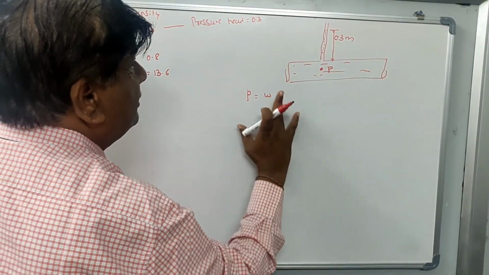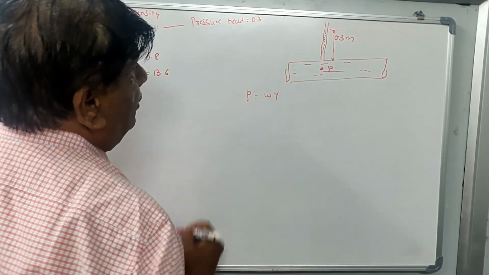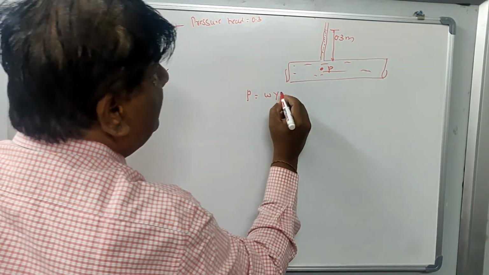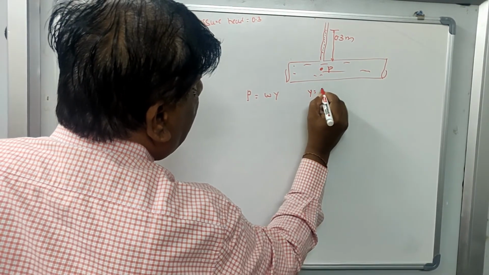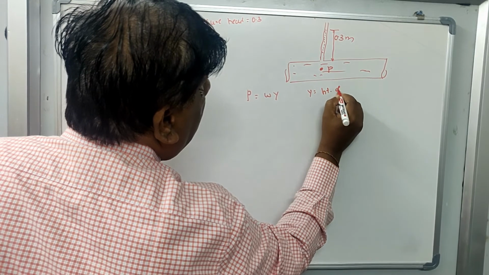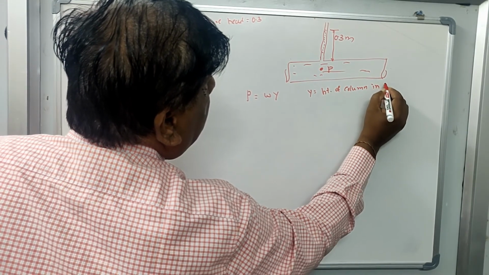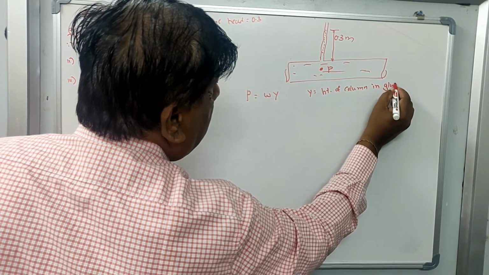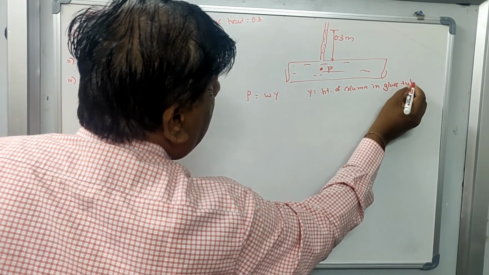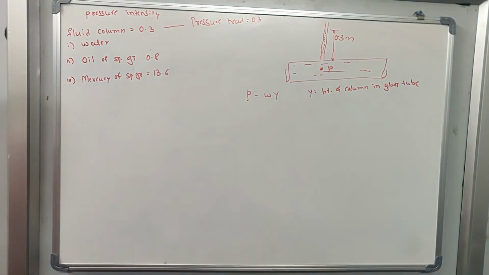So instead of H you can take Y also, or it is the height of the column. Y is nothing but the height of column in a glass tube fixed at the point P.